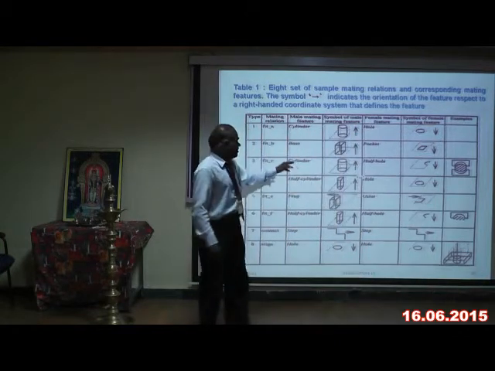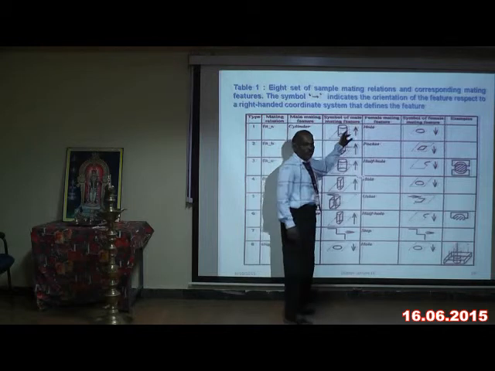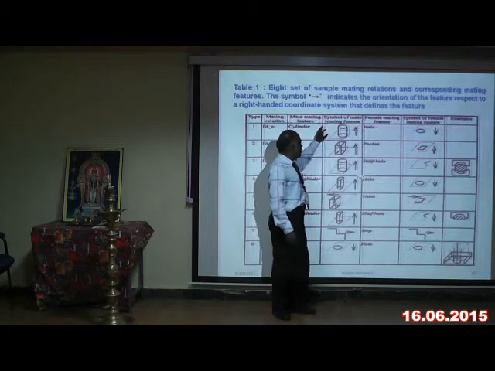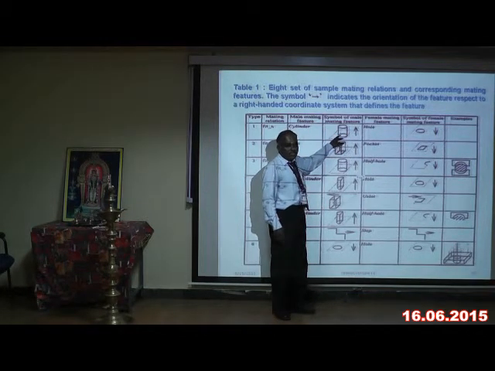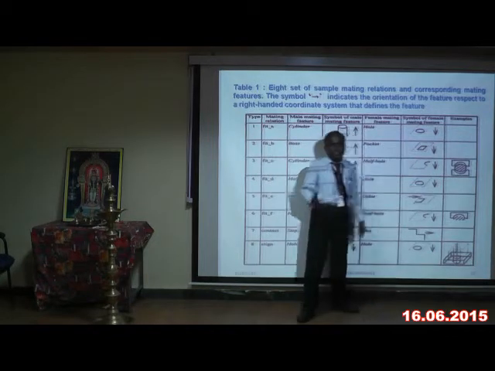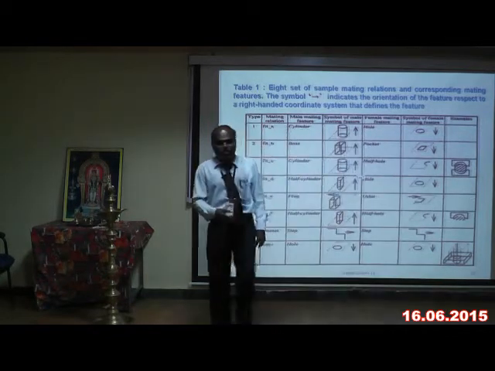There is a female part. This is the male part. This is a protrusion. There is a male part. This is the depression, called so in geometry. There is a female part.